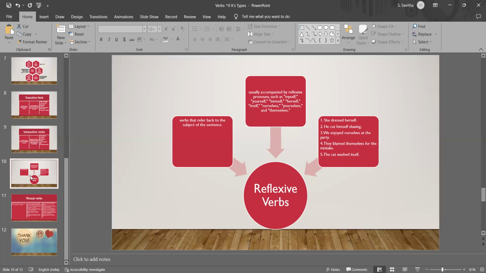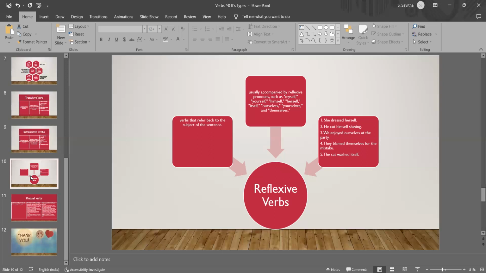So here, it's very important to note that some verbs can be used both transitively and reflexively depending on the context of the sentence. Okay. So for example, if I say, she dressed the baby is a transitive sentence. And if I say she dressed herself, that is a reflexive sentence.